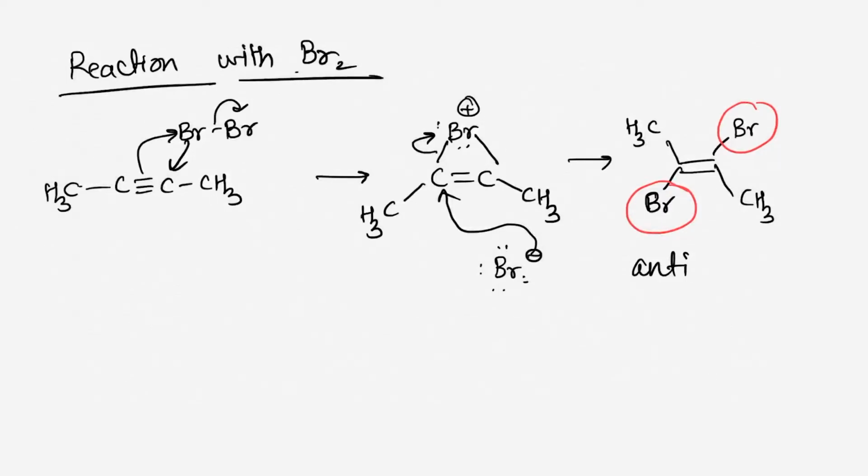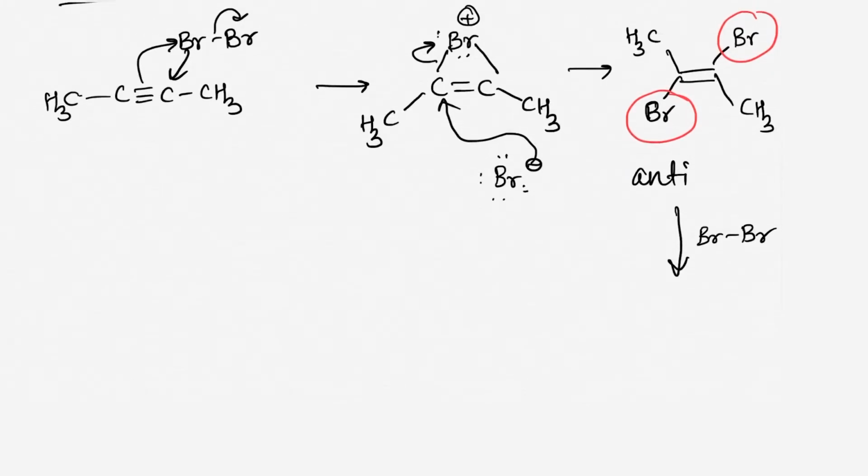Now, I can go on doing this, as we know the resulting alkene is also going to perform the reaction. So, if I have the second mole of bromine available, 1 mole of Br2 is going to add across this particular alkene, and what we are going to form is a tetrahalide.